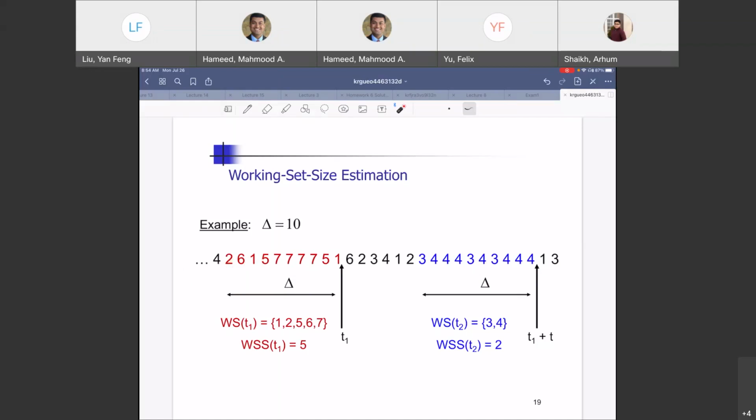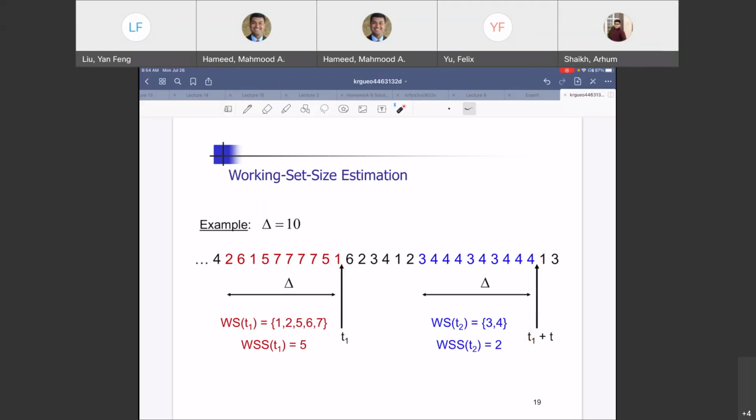As the CPU is requesting these specific pages for this process, let us say our delta time window is 10. So we are looking at 10, the fixed number of page references. Say we make this observation at T1 and at some other time T1 plus small t, right?